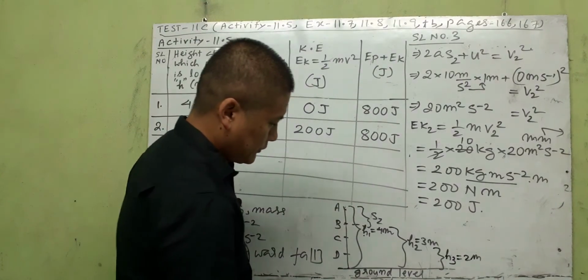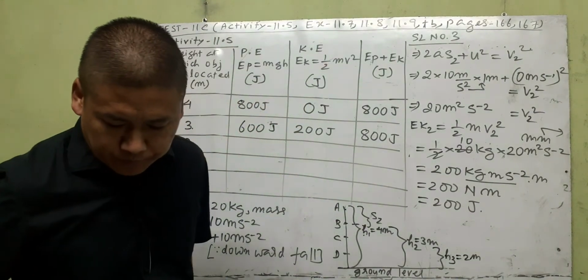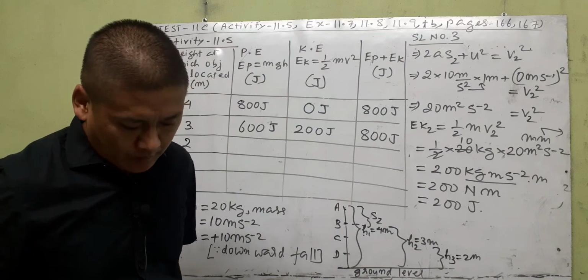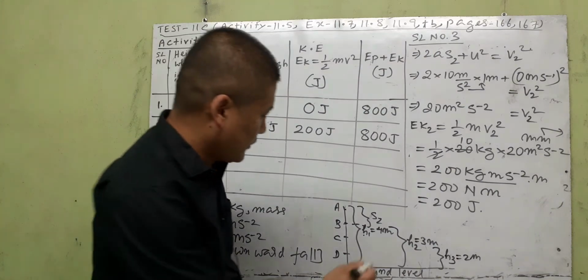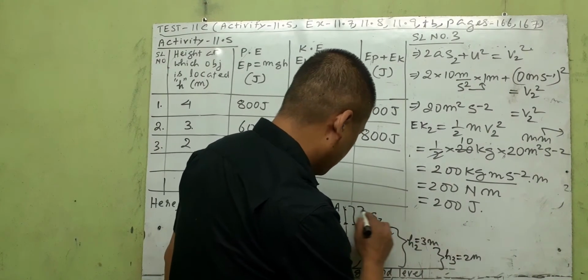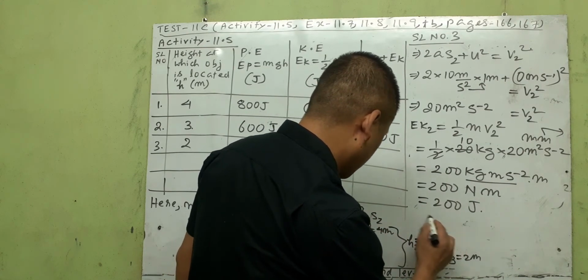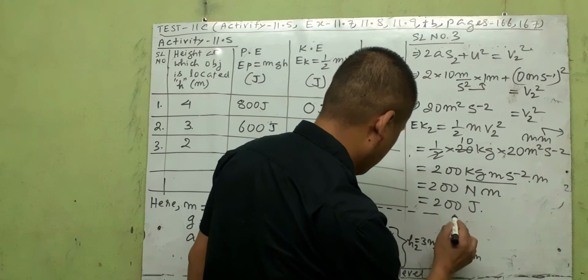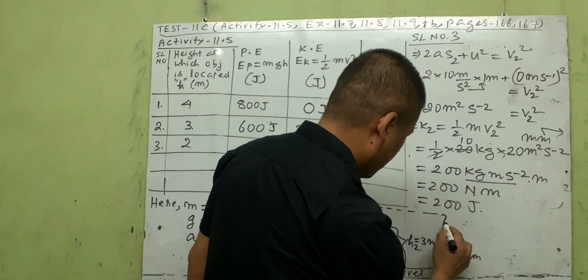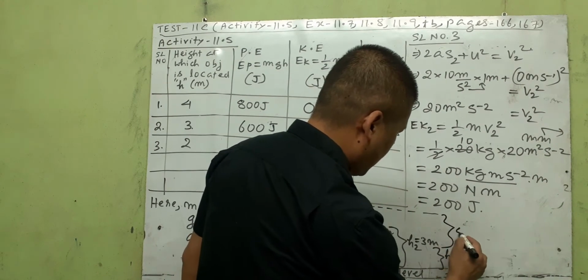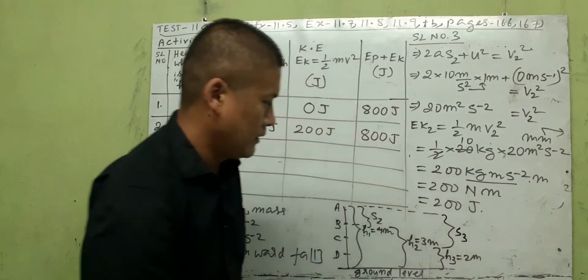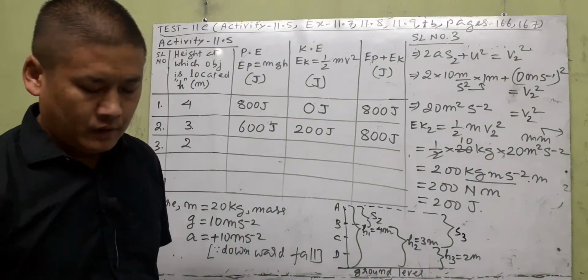So it has moved from here to here. So the distance traveled would be from here to here. From here to here it has fallen. So this is the S3, right? S3. So let's do slowly.